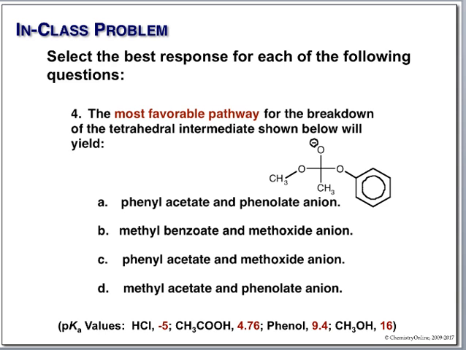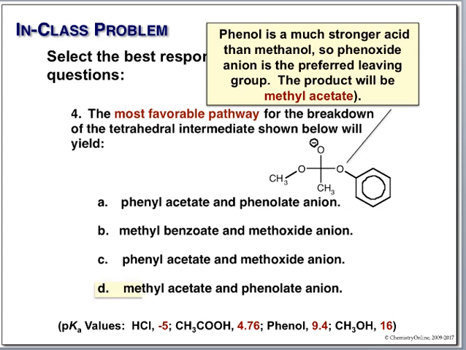So the pKa of methanol is what? 16. The pKa of phenol is 9.4. Which is the strongest acid? Phenol. Phenol will fall off, and we'll be left with a two-carbon ethanoate as a methyl ester. Methyl acetate.